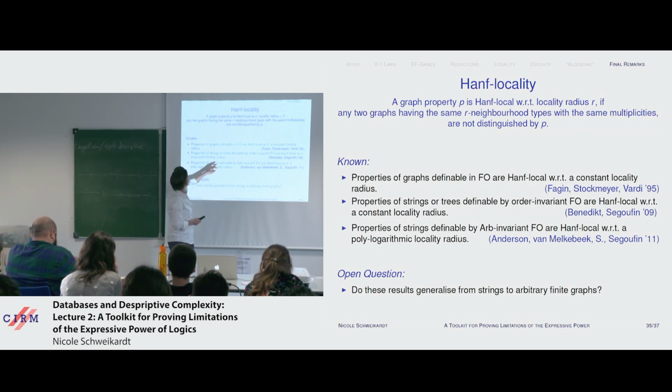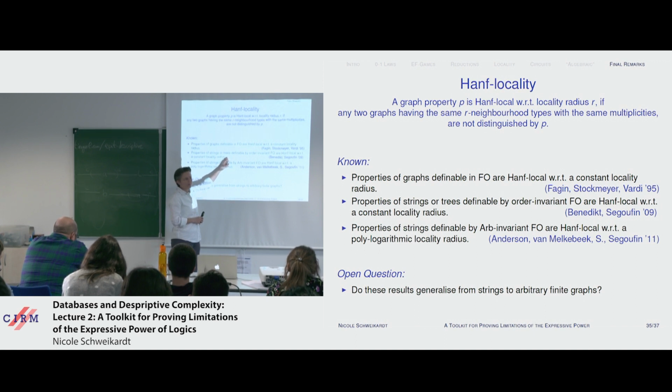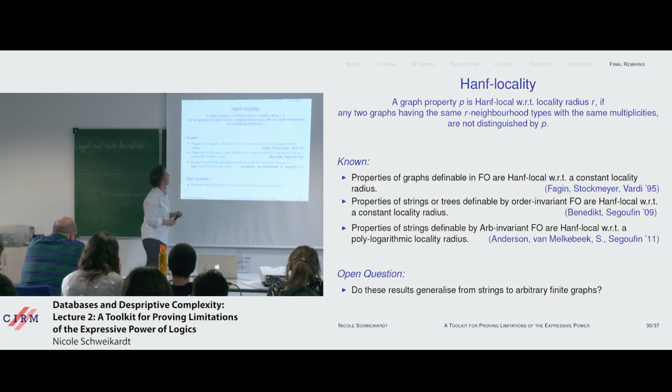But all we have until now is that on strings or trees definable by order invariant first order logic, we have this Hanf locality, and already this Benedikt-Segoufin result is extremely difficult to prove. So don't expect to just sit down and solve this open question.